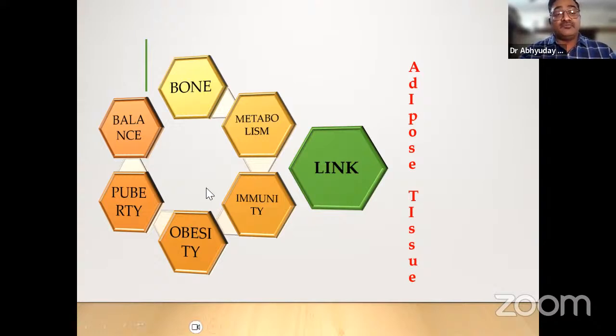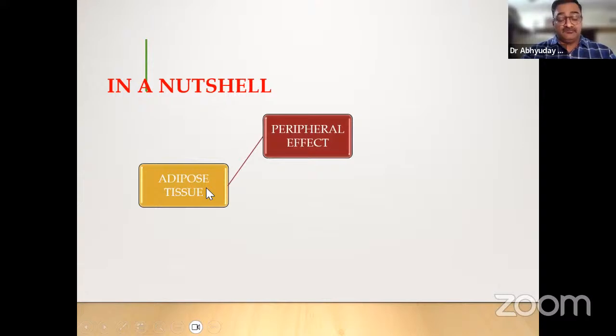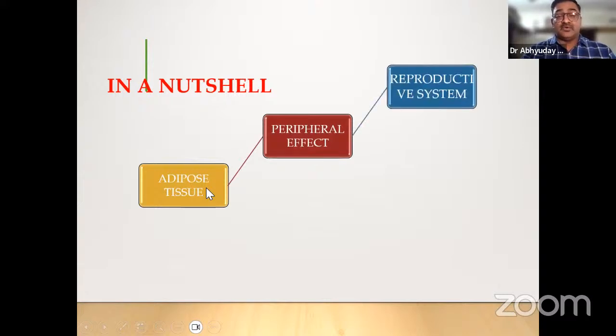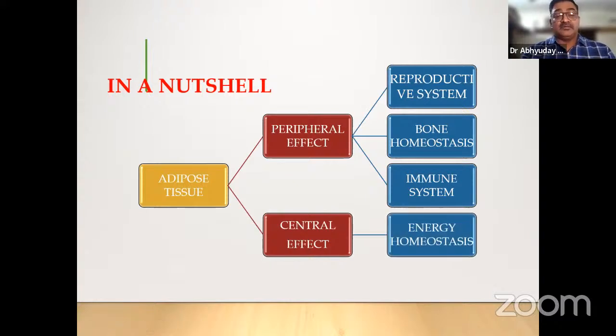So a proper weight maintenance in a normal body is required to have a good reproductive system, good bone homeostasis, good immune system. Central effect is the energy homeostasis. So adipose tissue takes care in all these hormonal and metabolic mechanisms.